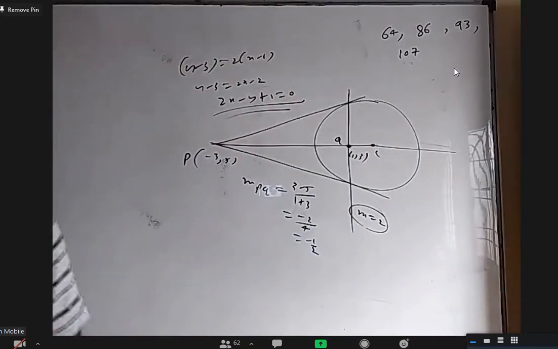Okay. So it is more about understanding physically what inverse points are, not just a formula. All right, 86. Yes, sir.